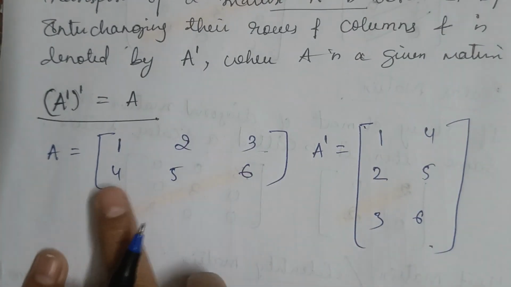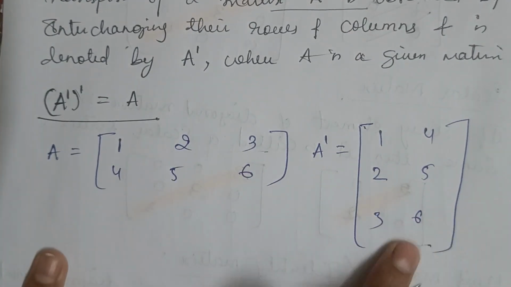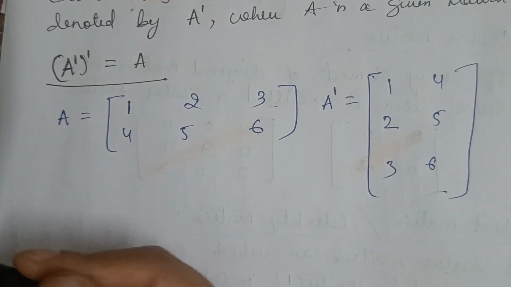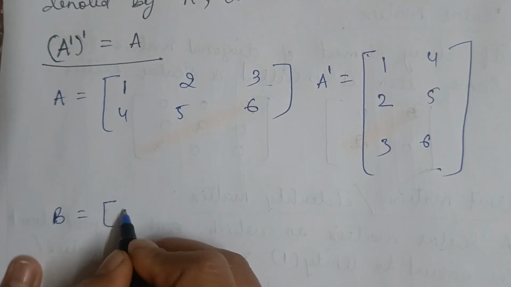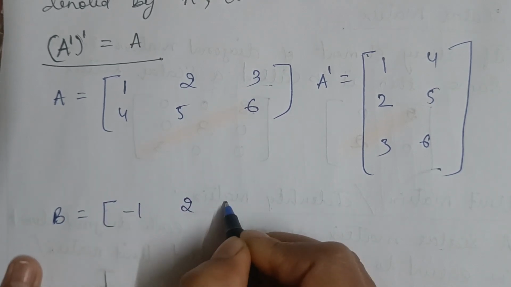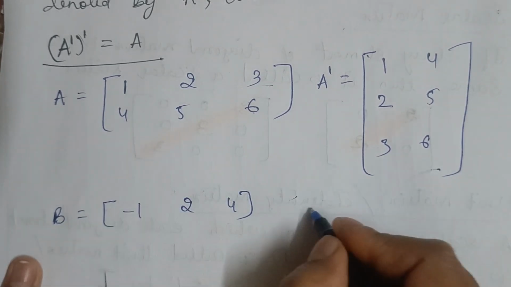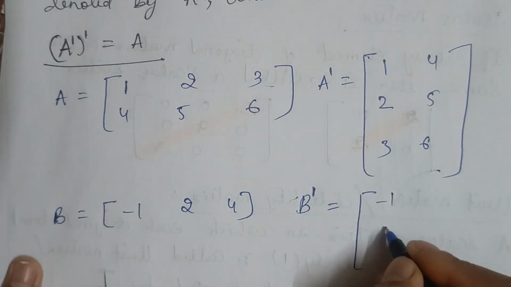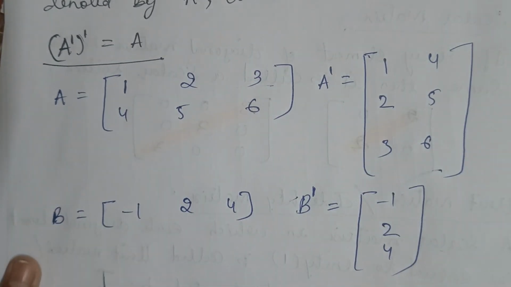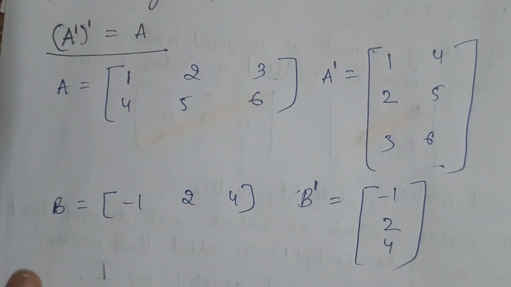I hope you understood. That is the transpose of the matrix A. And let me consider one more matrix B. Here I have -1, 2, 4. And the transpose of the matrix B, I can write as -1, 2, 4. Correct?